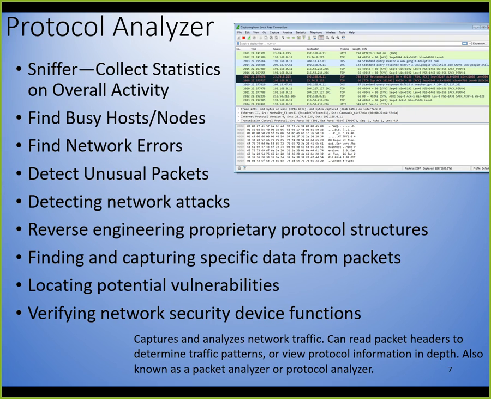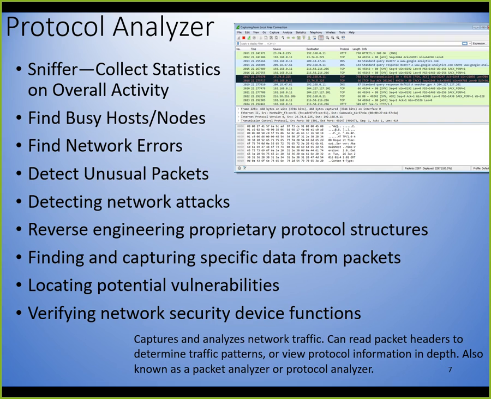Network errors, unusual packets. If I see something there, and unusual is not necessarily malformed, it's like, where did that come from? Or unusual activity, what I was talking about. Why am I getting a DNS lookup every 15 or 30 seconds or whatever it was?